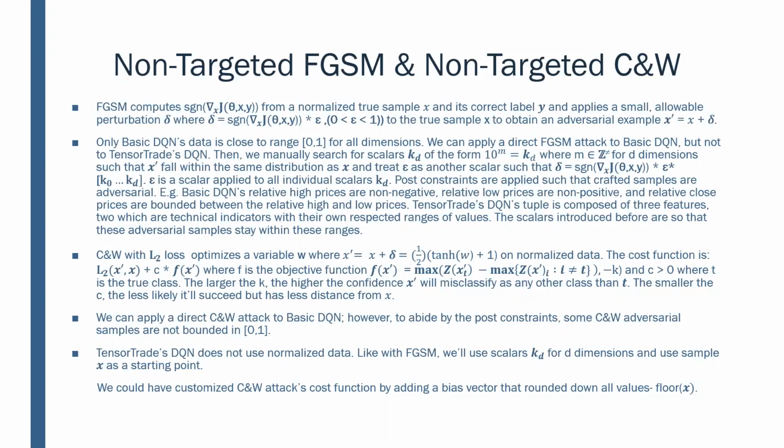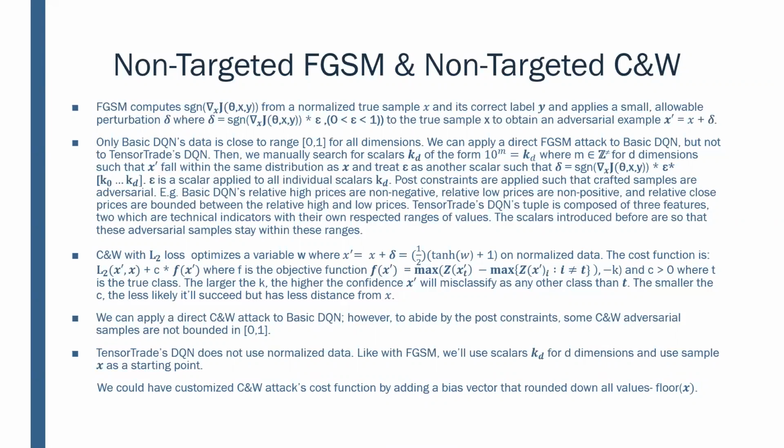So yeah, you can apply the direct CW attack to the basic DQN, again, because it's very close to normalized data. It's not the same for the TensorTrade DQN, but instead we decided to change it slightly so that we will use X as a starting point and then apply an epsilon value or some scalar values from each dimension to all dimensions of X so that we have an adversarial example.